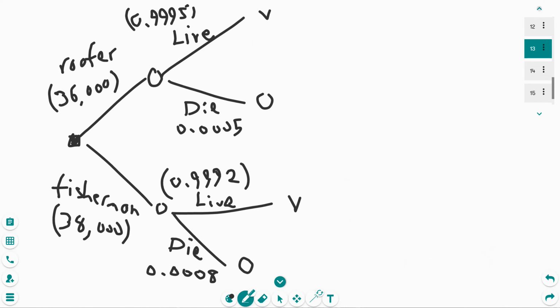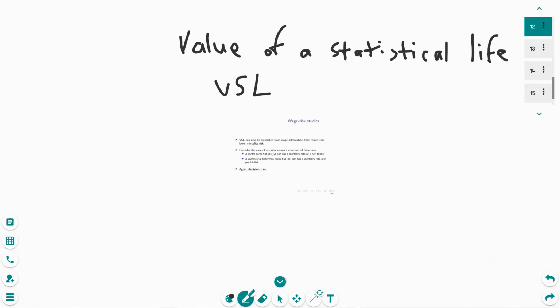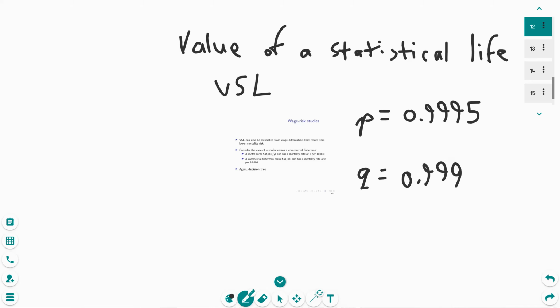Which, if we remember from our example, the P, the probability of surviving as a roofer, was equal to 0.9995. There was a mortality rate of 5 per 10,000, so the survival rate P would be 0.9995. There were 8 deaths per 10,000 as a fisherman, and so the survival rate for a fisherman would be 0.992.